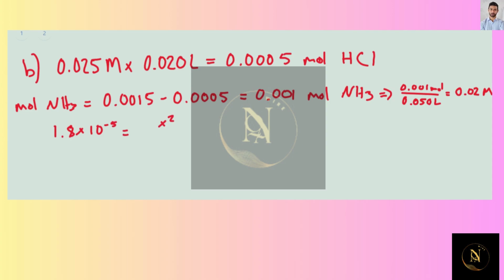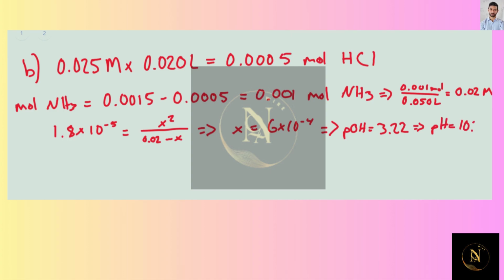And then we modify our initial concentration of ammonia to be 0.02 minus x. And x is now equal to 6 times 10 to the minus 4, which gives a pOH of 3.22 and a pH of 10.78.